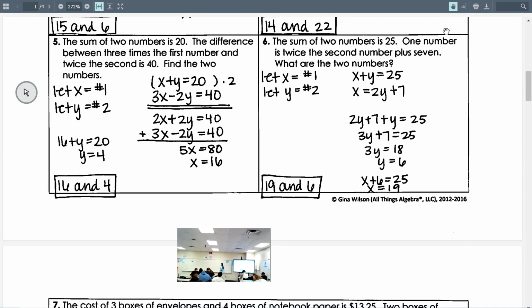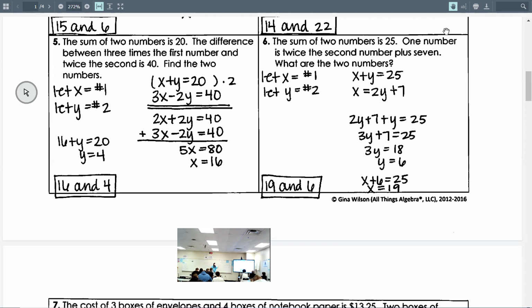All right, and as you can see, this person decided to use elimination. So that's why she multiplied the first equation by 2, because she was trying to get a common coefficient. It looks like she wanted to cancel out the y's by doing that. You could have chosen to multiply the top equation by 3 if you wanted to cancel out the x's.